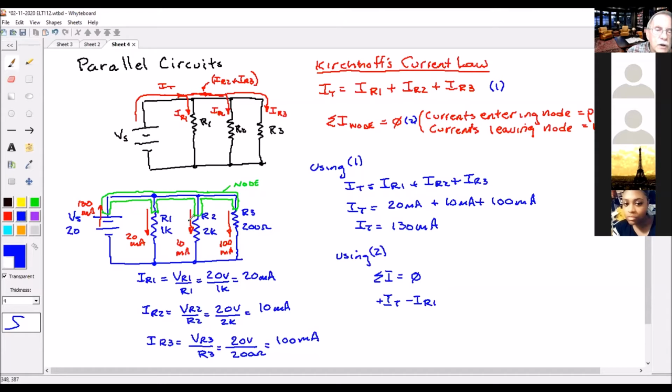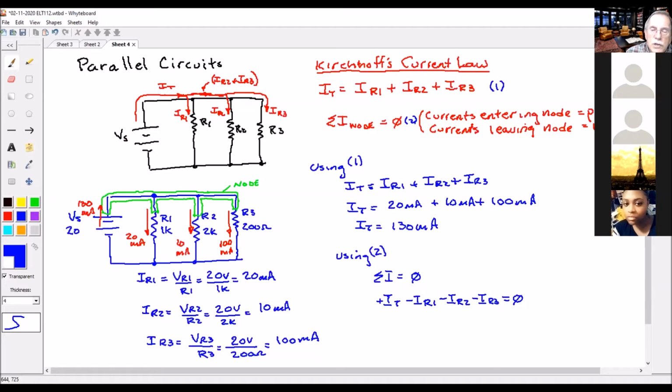R2, the current is going away from the node, so that would make it a minus IR2. For R3, the current is going away from the node. That makes it a minus I sub R3. And if I add all of that, that has to equal 0.